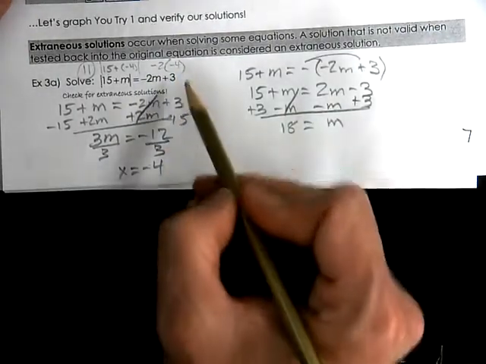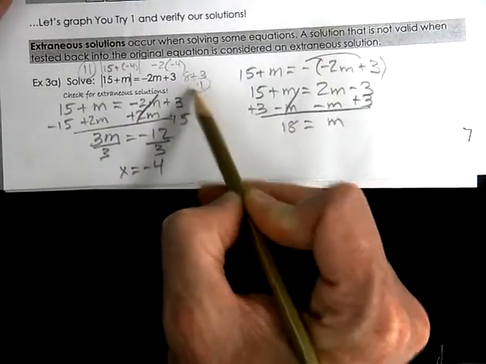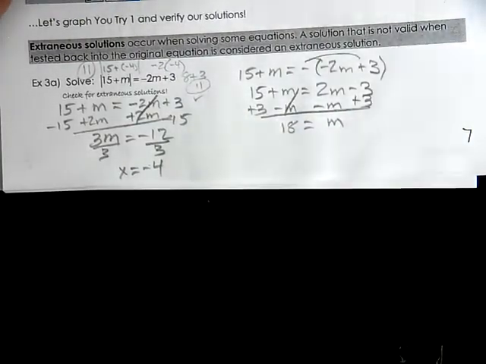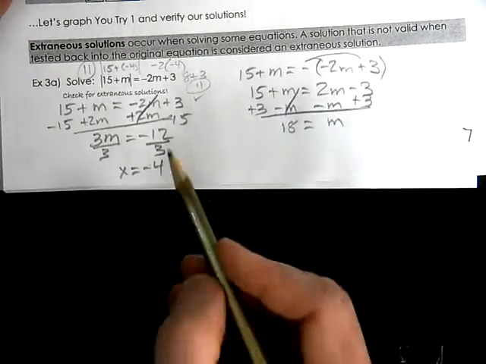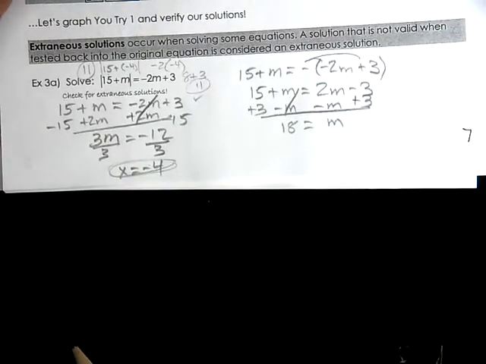We know that that's a value of 8 plus 3, and that's going to give us 11. So that checked out just fine. When we plugged in our -4, we got 11 on one side. We also got 11 on the other side. It was balanced when we used -4. A lot of times, it's the negative answer that's going to be the extraneous solution. A lot of times.